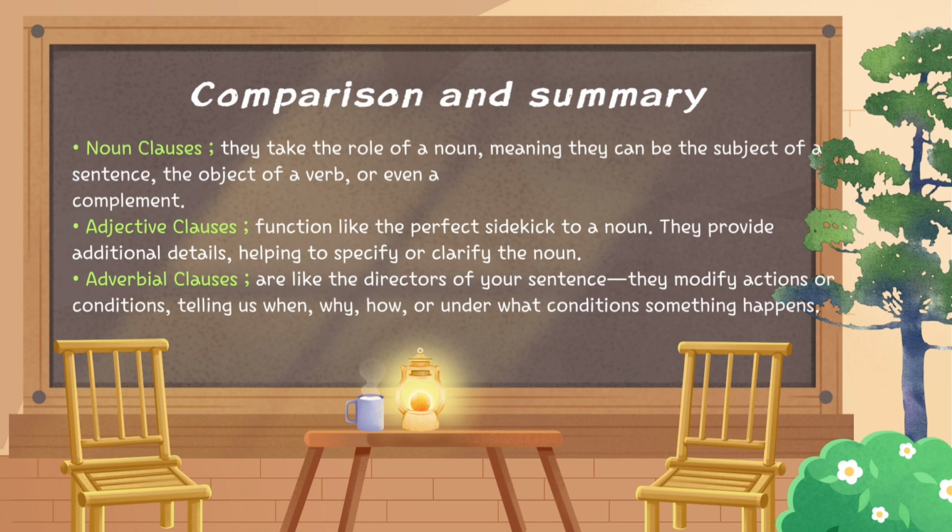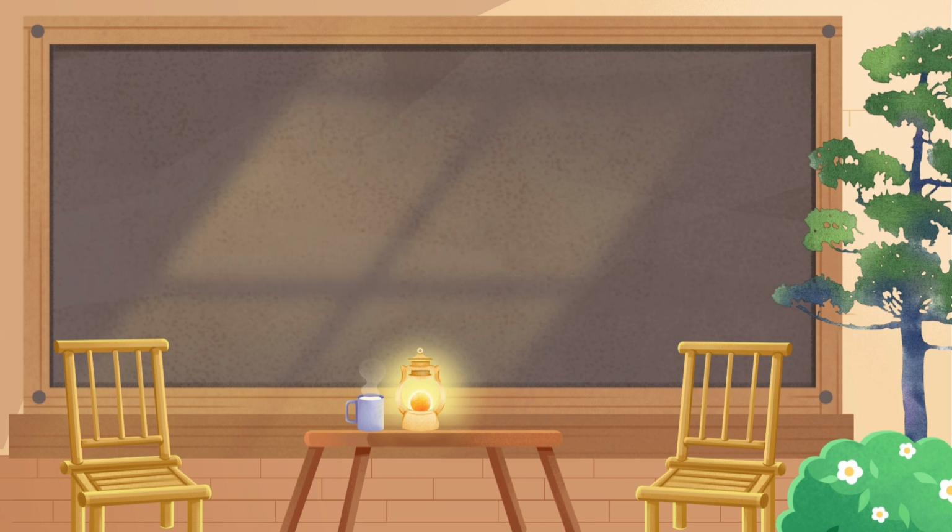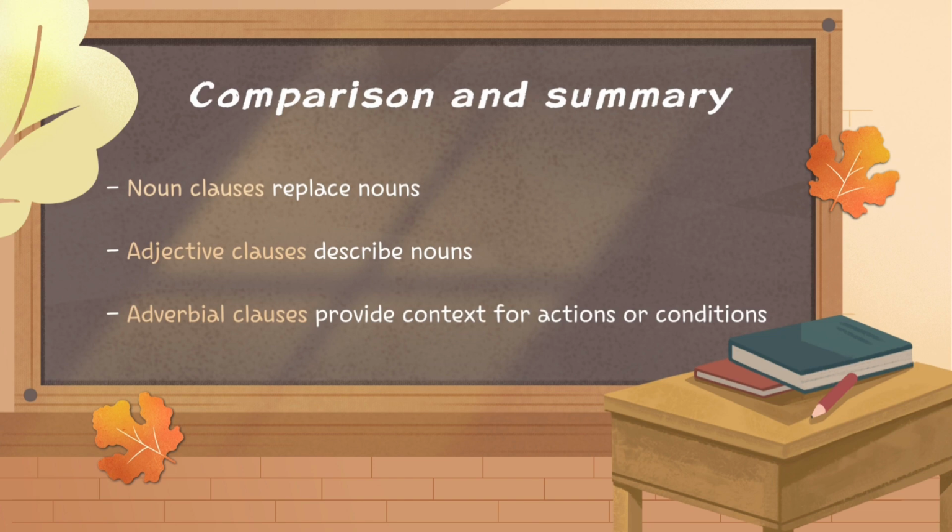And the last, adverbial clauses, on the other hand, are like the director of your sentences. They modify actions or conditions, telling us when, why, how, or under what conditions something happens. In short, the major difference is how they function.